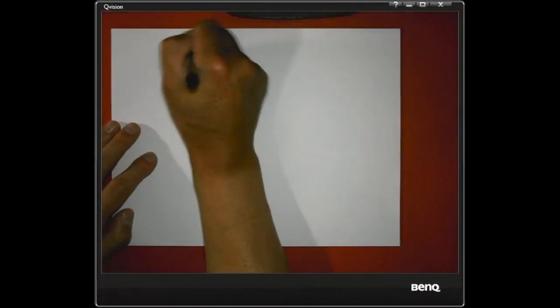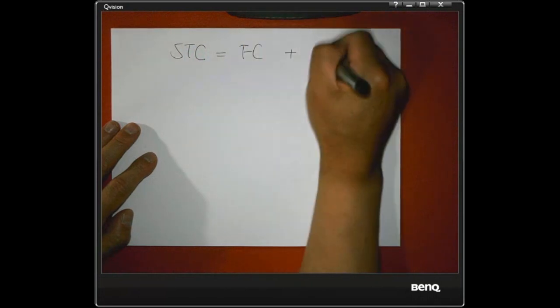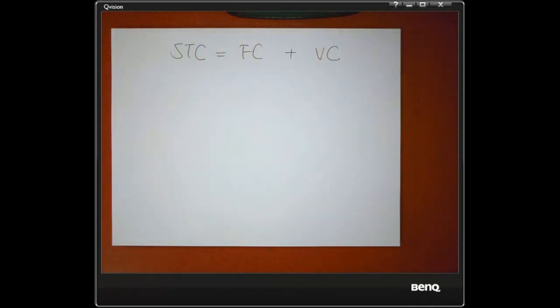Next, the short run cost equals the fixed cost plus the variable cost.